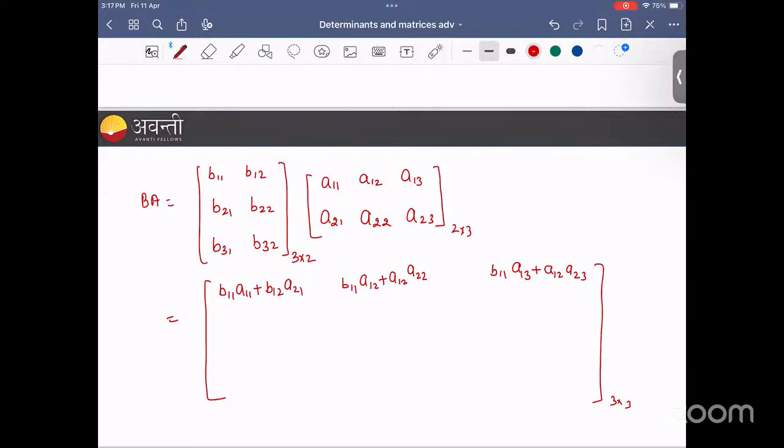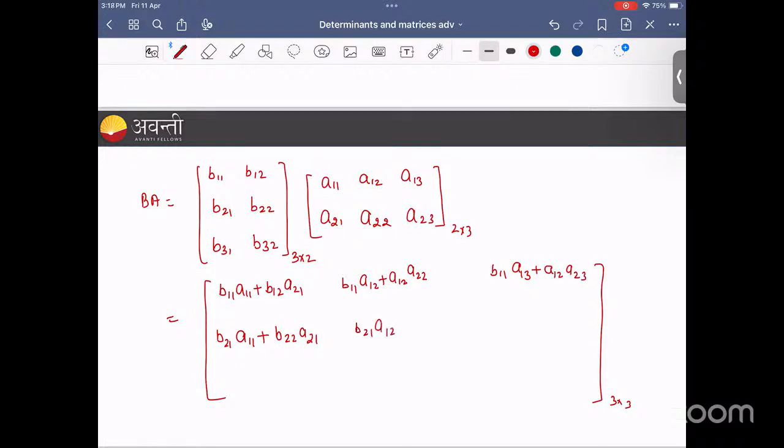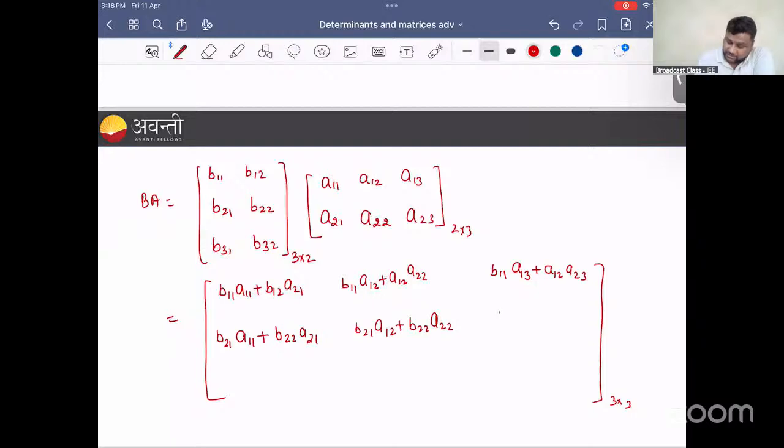Second row: B21 A11 plus B22 A21. Second row, second column: B21 A12 plus B22 A22. Third: B21 A13 plus B22 A23.